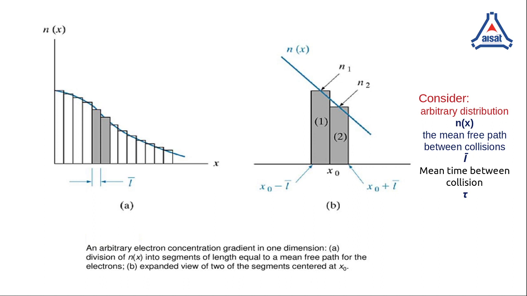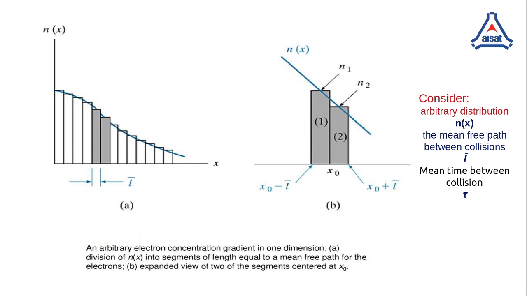On the right side of the graph, we are just zooming into the two segments, which are shaded in gray: segment 1 and segment 2. We are considering these two segments on both sides of a point x0.